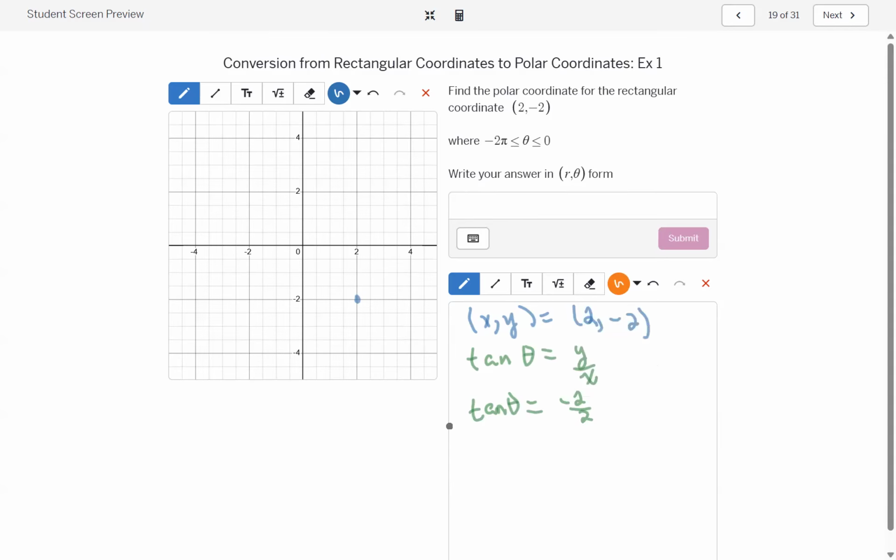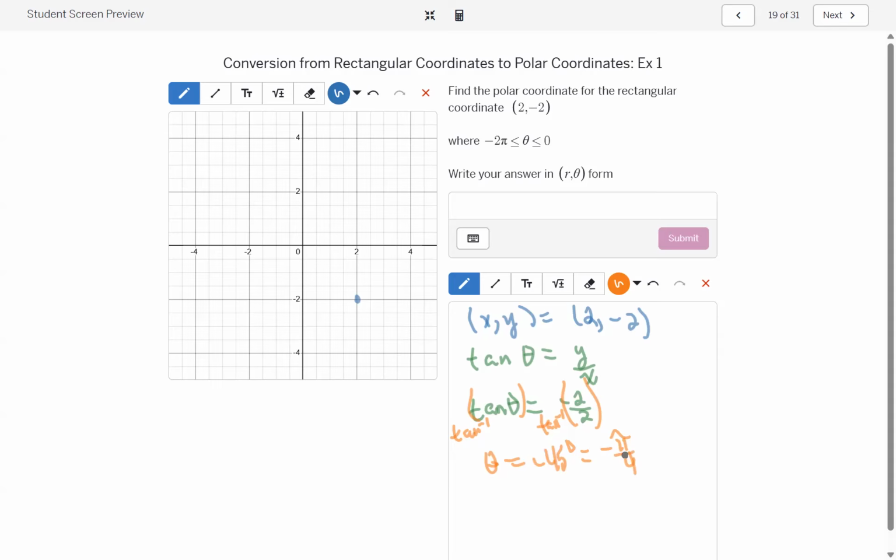And now to figure out what theta is, I'm going to use inverse tangent on both sides. So if I crunch that on the calculator, it might spit out the radian angle, or I can put it in degree mode and get the degree angle out. So the degree angle will be negative 45 degrees, which is negative pi over 4.